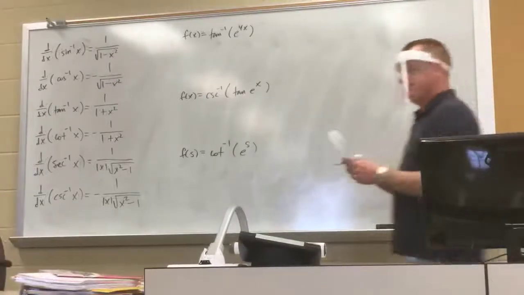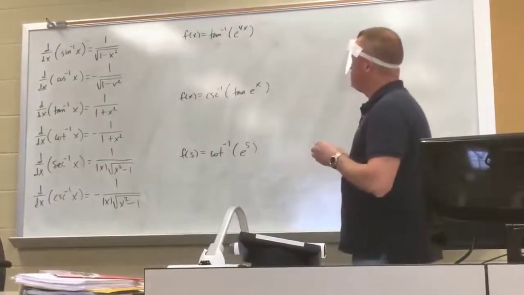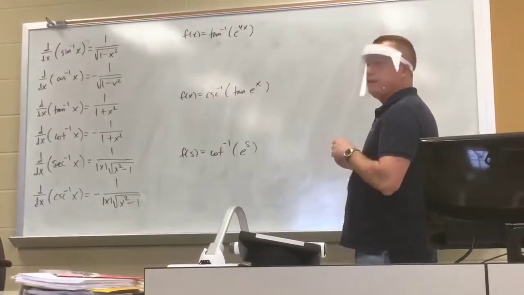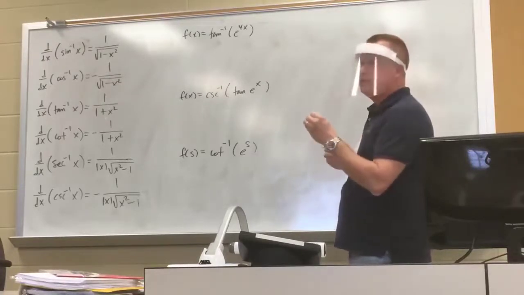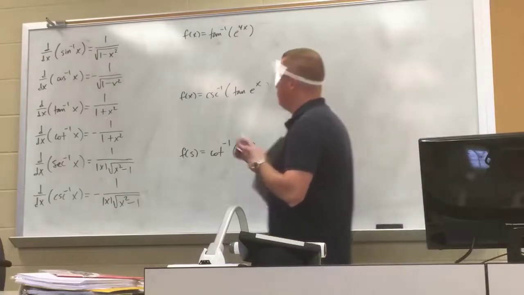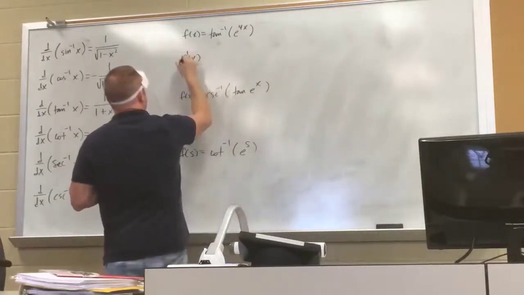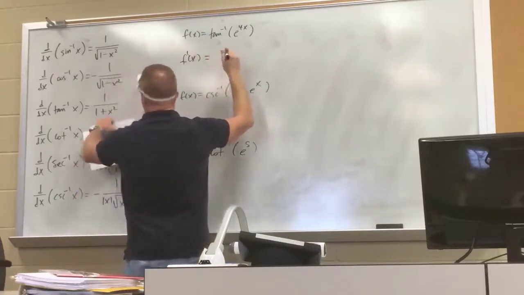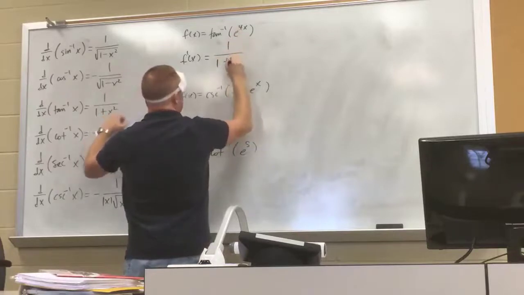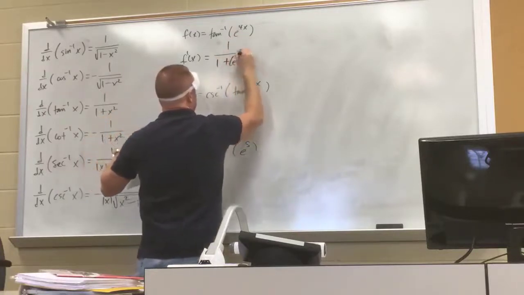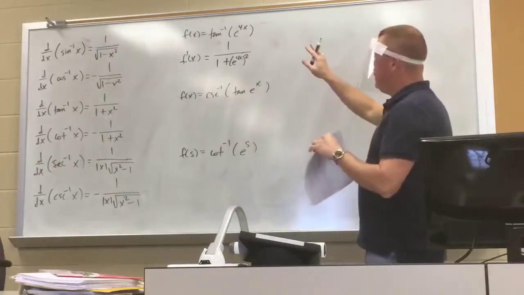All right, here we go. Look at the first one. On the first one, what is the outside function? Is it the e to the 4x or the inverse tangent? Inverse tangent. So I need to start with that. The derivative of inverse tangent would be 1 over 1 plus x squared, well, x is e to the 4x here. The inside function then is e to the 4x.